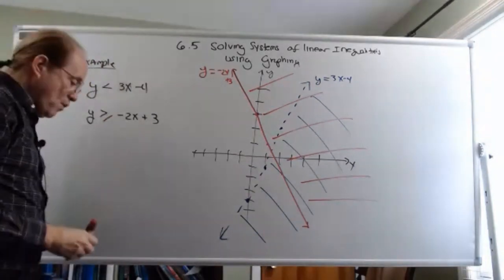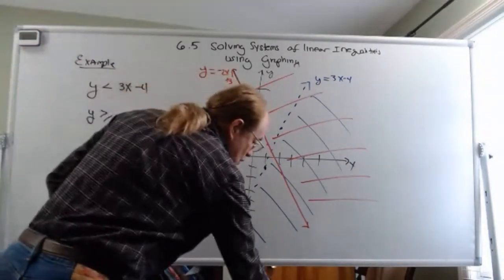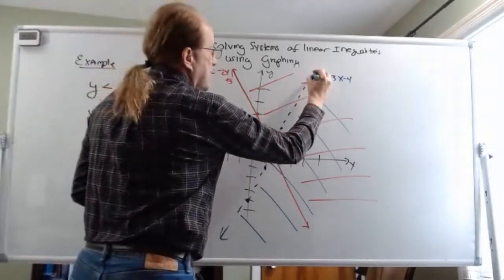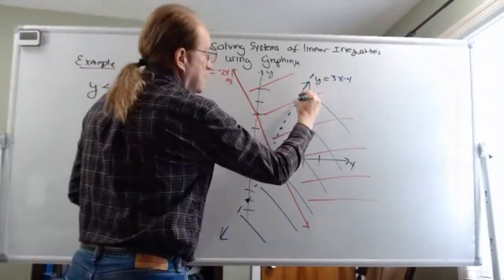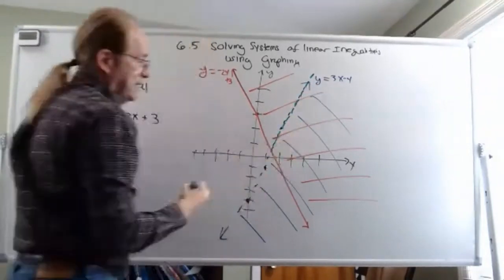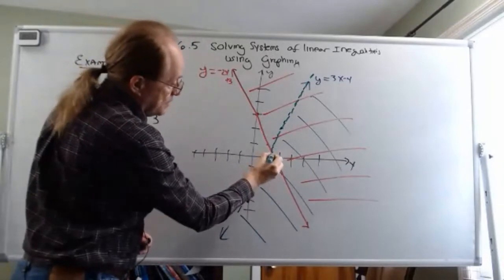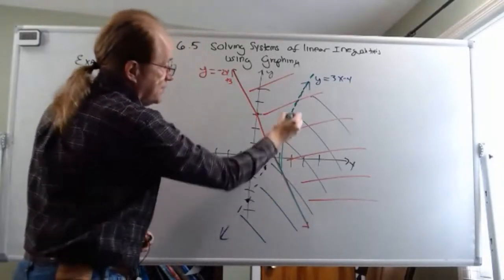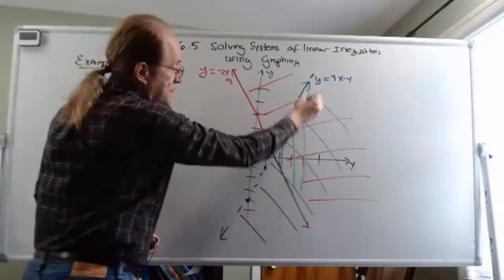Now I look where I have both a blue and a red region. So over here, I have this dashed line, so that's not a solution if it's on the line. Then I hit this line, and I come down here with a solid, and then all this stuff in between.